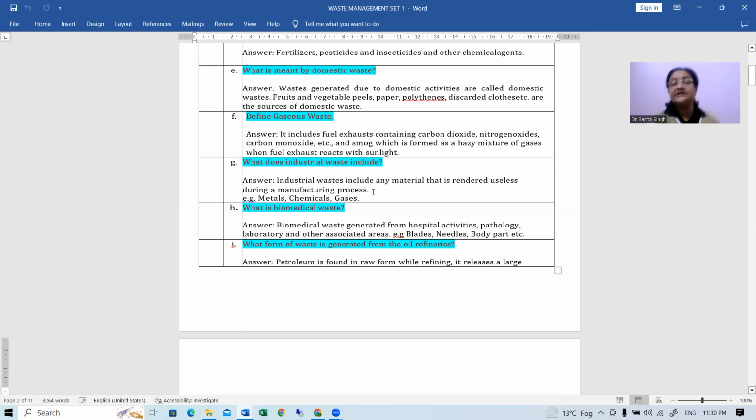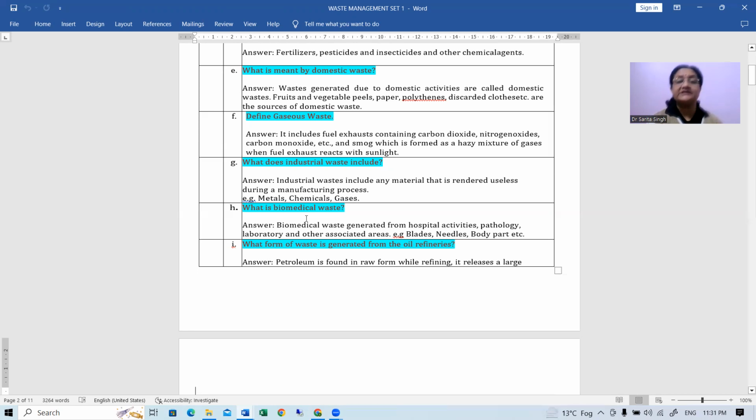Biomedical waste is generated from the hospitals or the nursing homes, right? Pathology, laboratory, and all that. And especially these include the blades, needles, then you can say the cotton, bandage, plaster pieces, and all these come under biomedical waste.